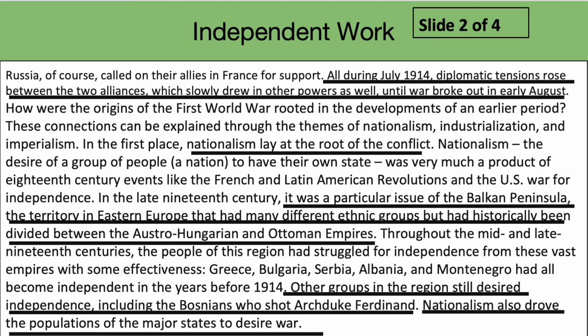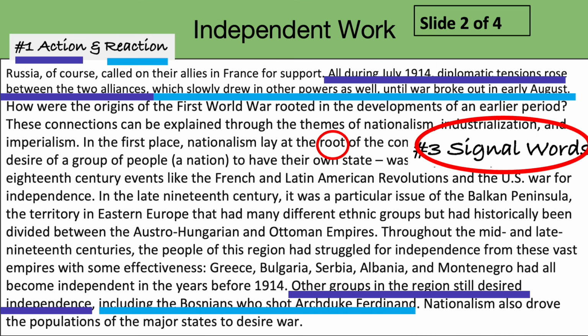In this slide, we have a few different examples of causes, and we want to find them and identify which strategy we use. During July 1914, diplomatic tensions rose between two alliances, which slowly drew in other powers as well. So definitely we have action and reaction happening here.